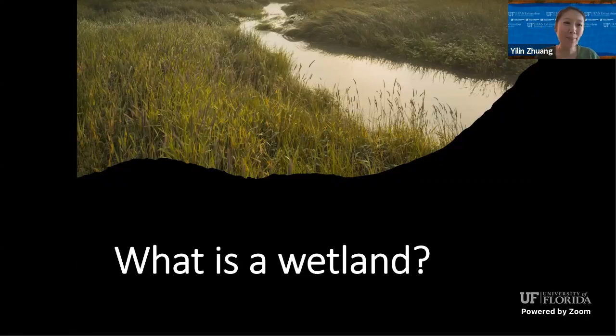Just a quick recap. What is a wetland? In the last two Water Wednesdays, we went through some basic concepts of wetlands. Generally speaking, wetlands are the transitional areas between land and water that encompass a broad range of environments, including marshes, swamps, floodplains, tidal zones, and more.